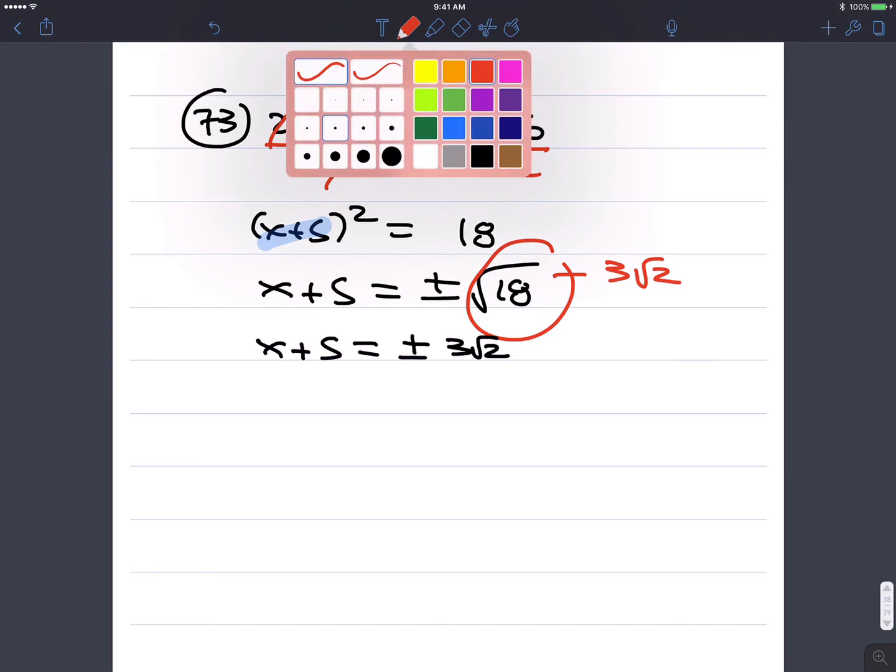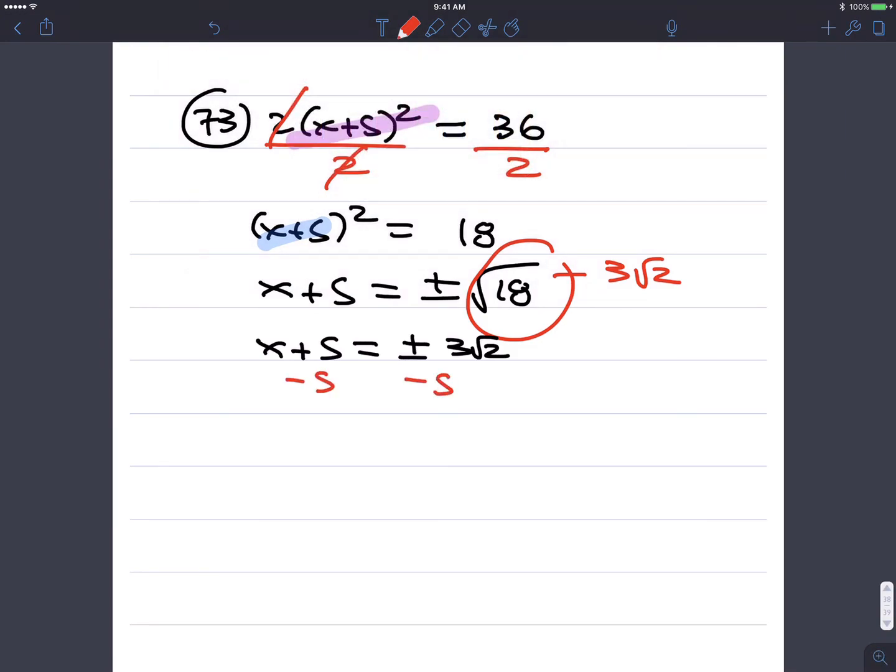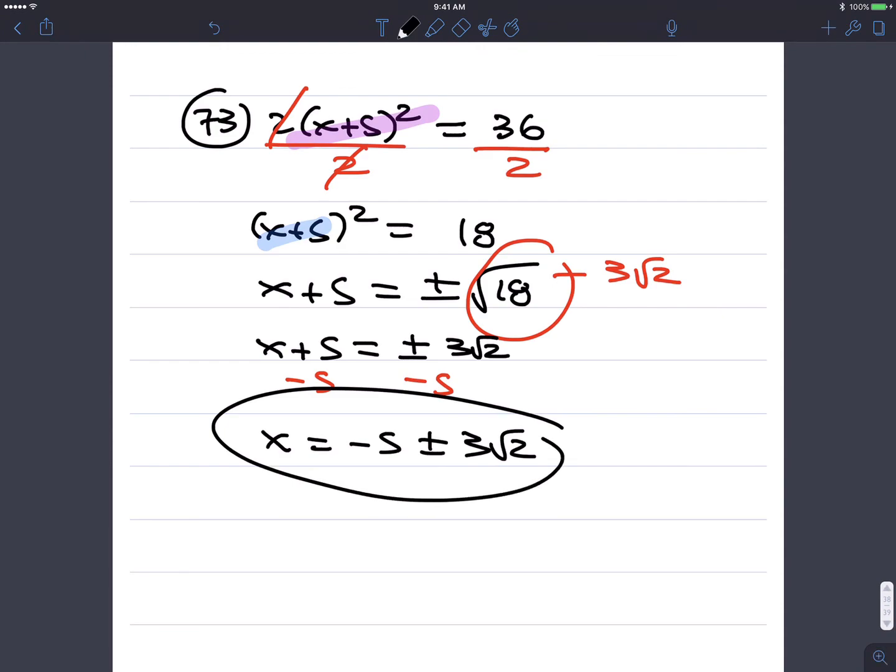Now we subtract 5 from both sides because we're solving for x. Now x is negative 5 plus or minus 3 square root of 2. And this again means two things: negative 5 plus 3 times the square root of 2, and negative 5 minus 3 times the square root of 2. And that's number 73.